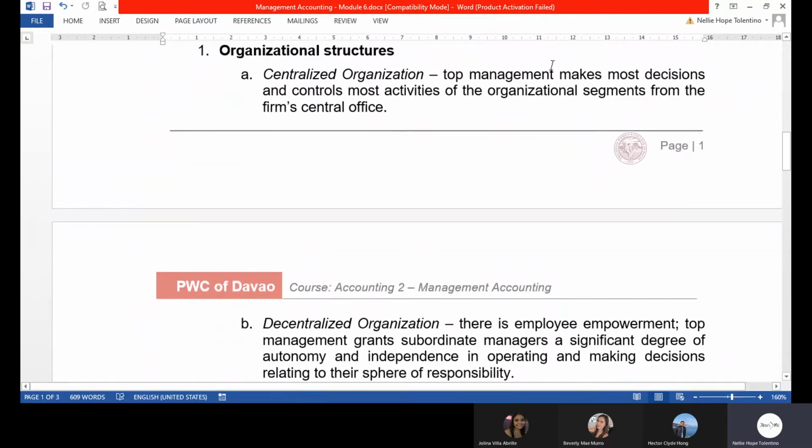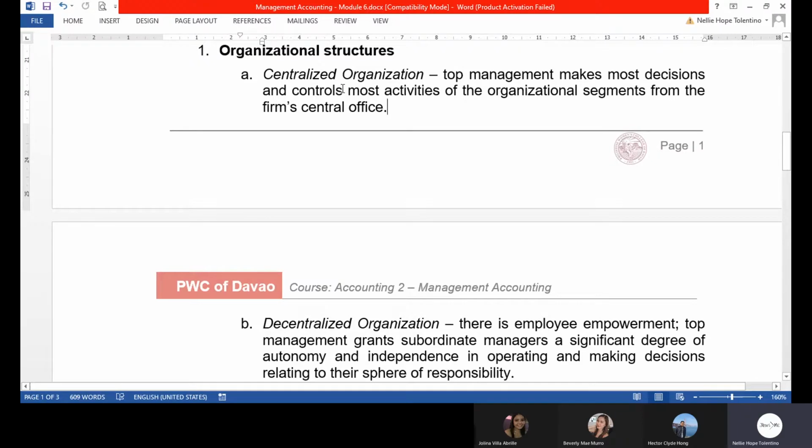Kapag centralized, the top management makes most decisions, and controls most activities of the organizational segments from the firm's central office. Kapag centralized, top management lang yung usually nasusunod. Most of the time, lahat ng decisions sa top management manggagaling.